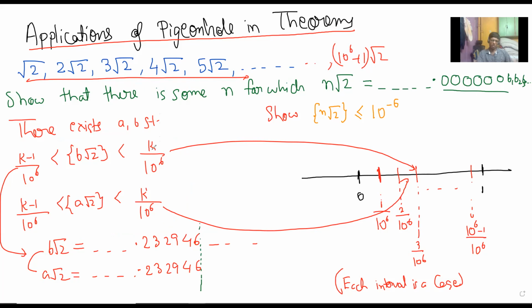Okay, I can do that. K minus 1 is changing the last digit.